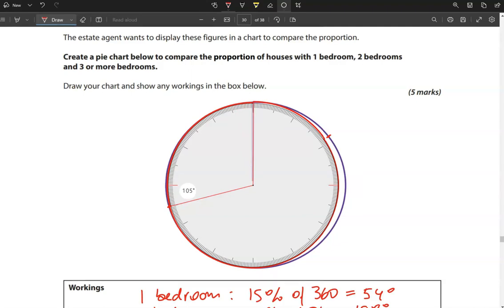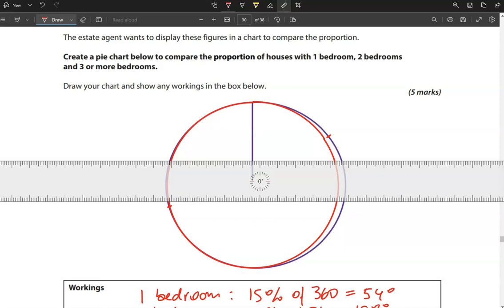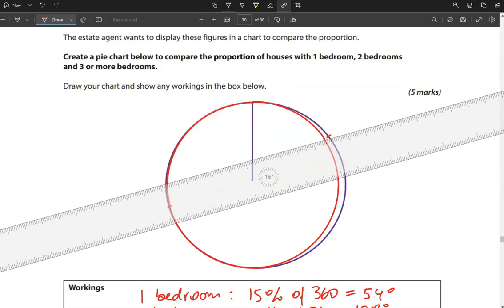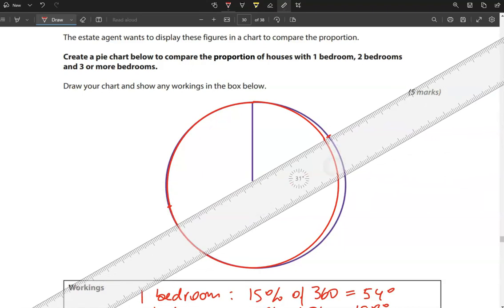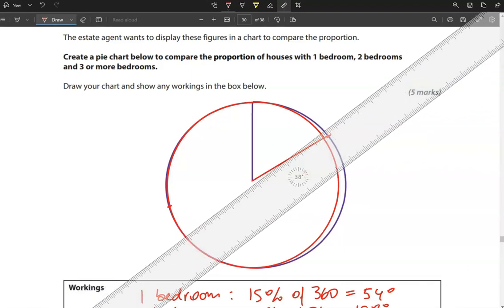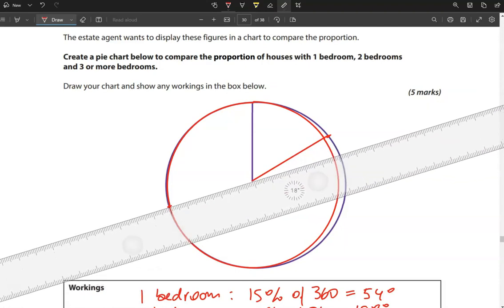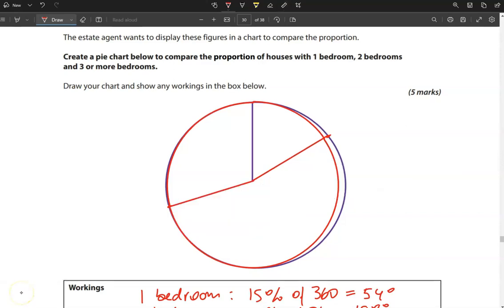So it is something close to that. We're just going to compensate for the other sectors by taking away like 1 or 2 degrees. We'll label these now as 1 bedroom, 2 bedrooms or 3 bedrooms.